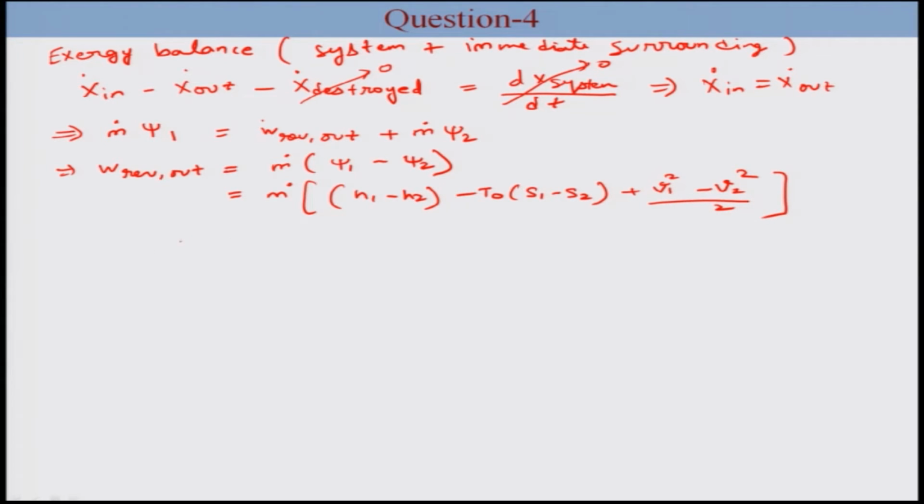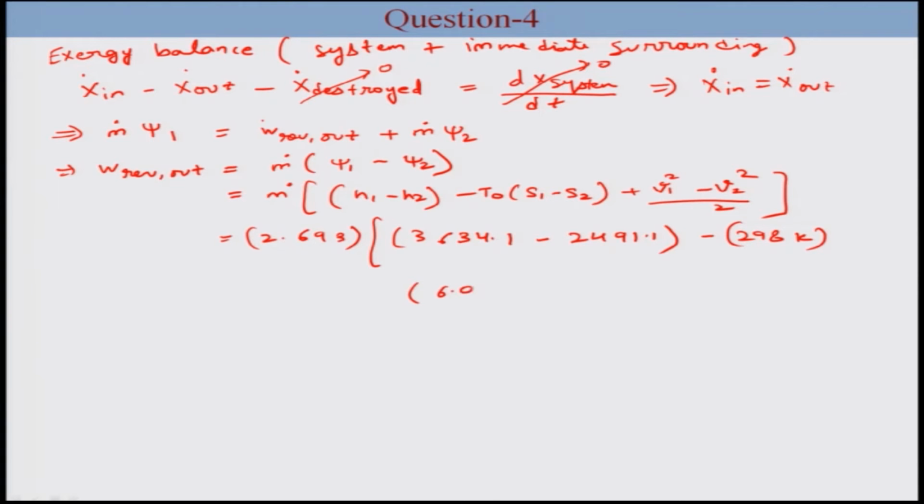Putting in all the values, m is 2.693, h1 is 3634.1 minus 2491.1, minus T0, which is 298 Kelvin, multiplying this by s1 minus s2.